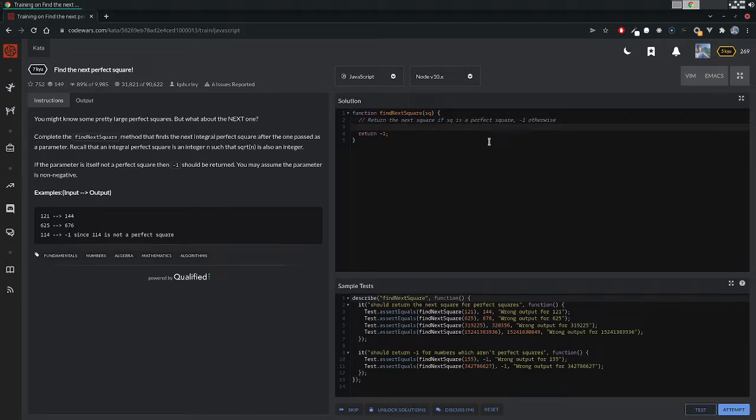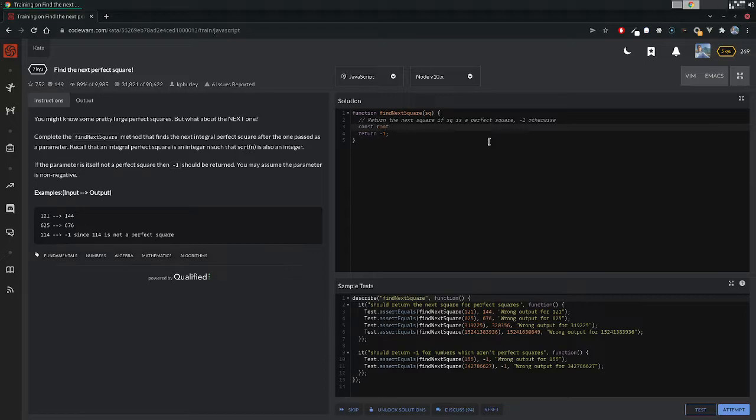What I think we want to do is, we want the square root.